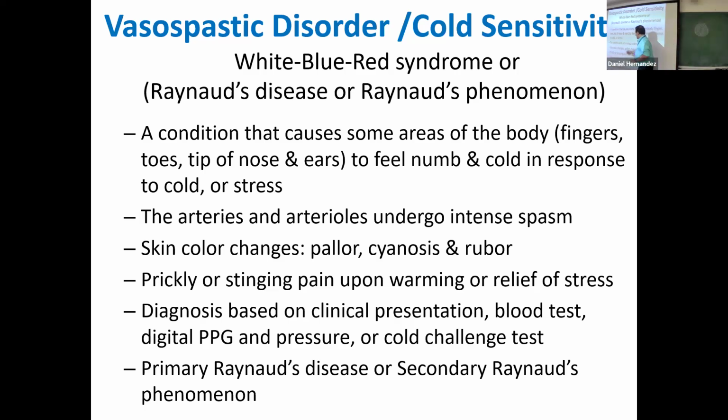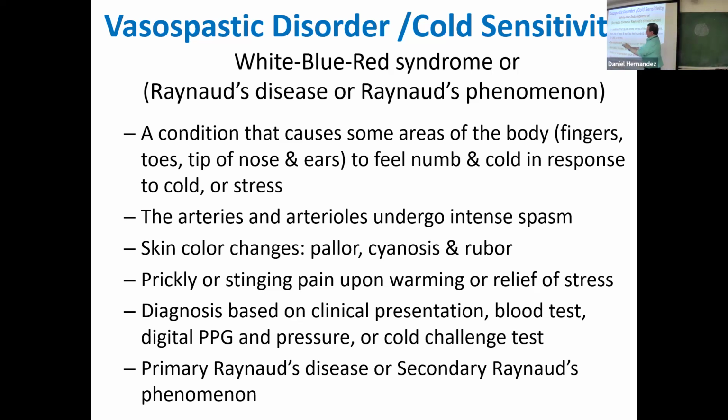These patients wind up with skin color changes. So they wind up with pallor. That extremity of the hand gets very pale because that blood flow is being cut off or severely reduced. If it's completely occluded, then the hand becomes cyanotic. Cyanosis refers to blue or purplish discoloration, so there's absolutely no blood flow getting to that hand or area of the body, and it becomes blue.